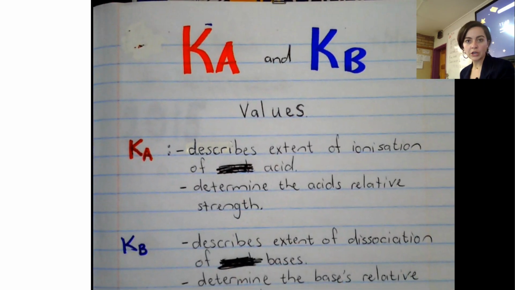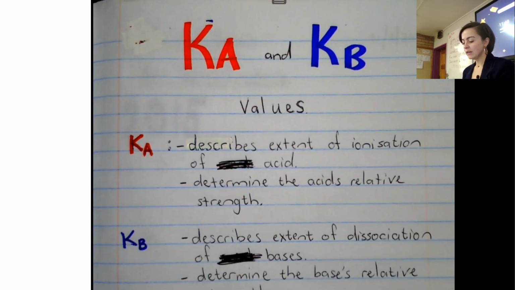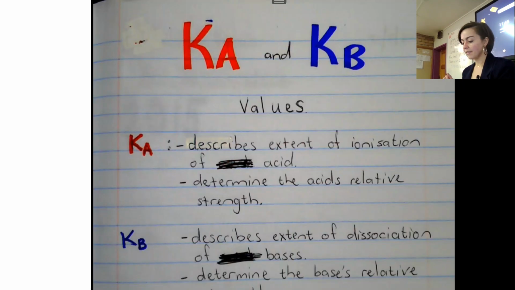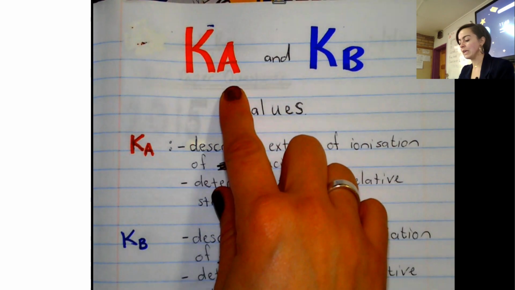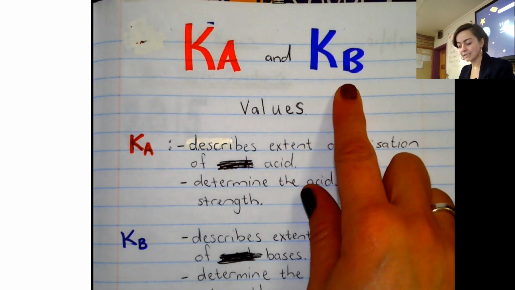And this brings us to basically the only new work regarding acids and bases for grade 12, and that is your equilibrium constant for acids and your equilibrium constant for bases.